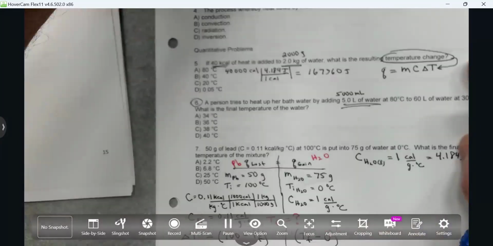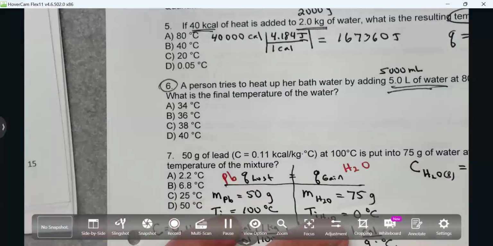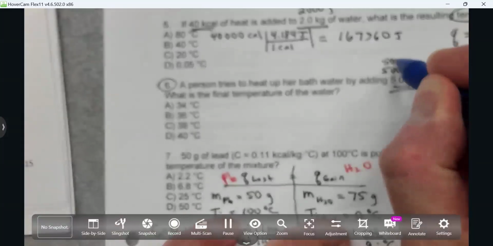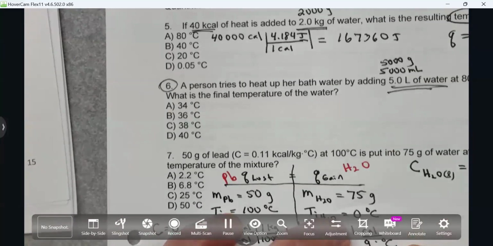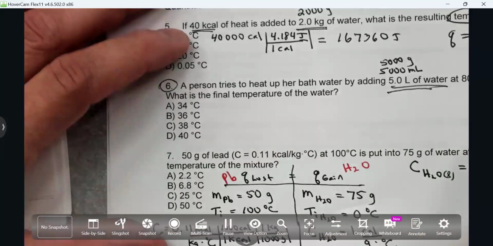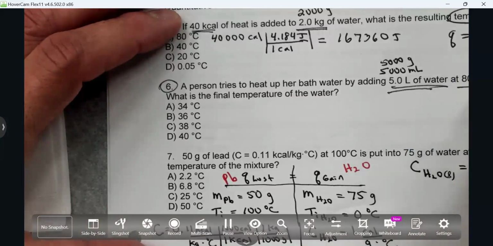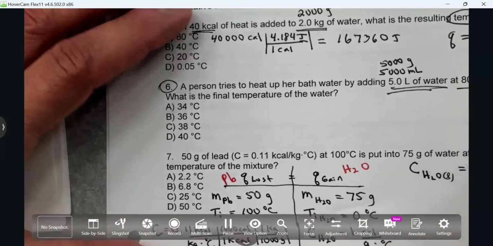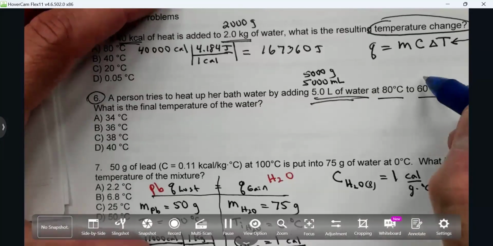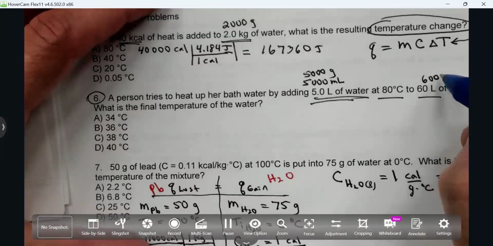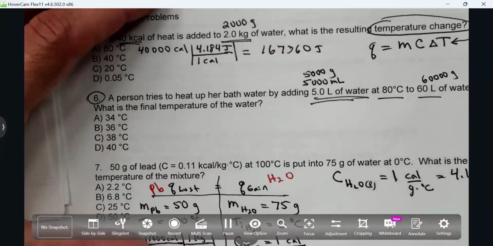And the density of water is 1, so this would be 5,000 grams. A person tries to heat up by adding 5 liters of 80-degree water to 60 liters. So likewise, if that's 5,000 grams, this would be 60,000 grams.